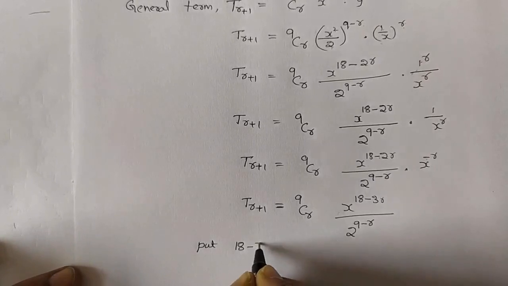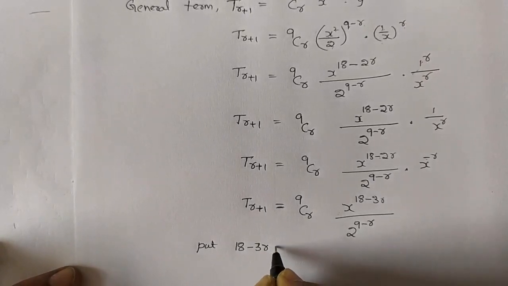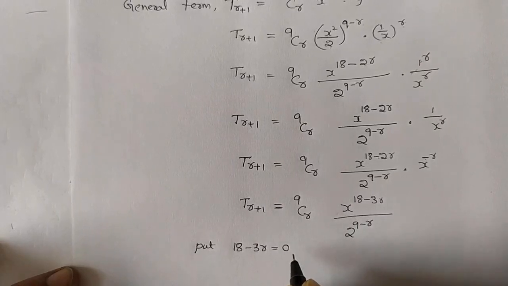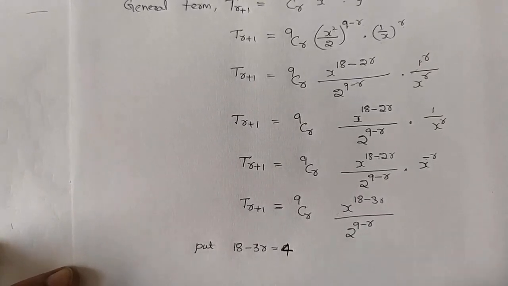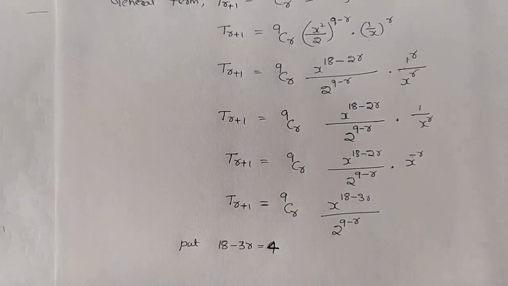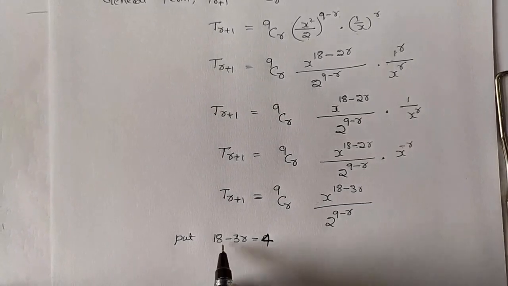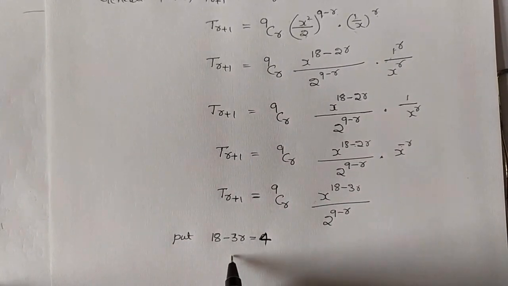In the previous classes we have solved two or three questions related to finding the coefficients. You can see the notebook and the previous classes. So 18 minus 3r equals 4. Now we want only the r value.